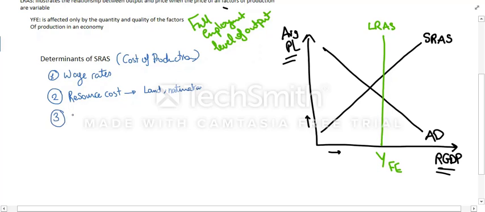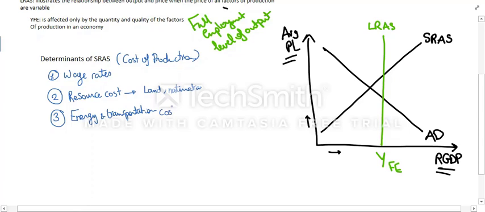Now we're going to focus on a very specific resource for number 3, which is oil, which affects energy and transportation costs. This is an example that can be used in many cases on how this affects the entire economy and causes cost push inflation.